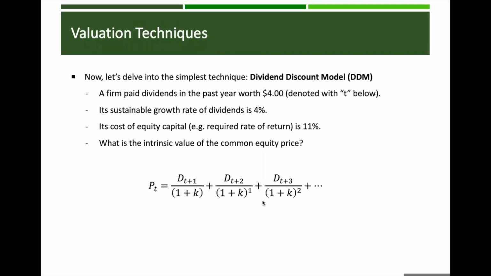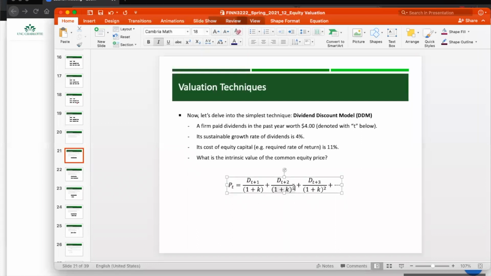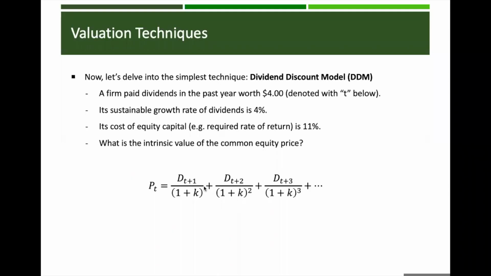Subsequent year, no, it isn't correct, so I have to fix that. There we go. Now it's correct. To the power 1, to the power 2, to the power 3. So discounting by their cost of capital. That would be the intrinsic value of the company.